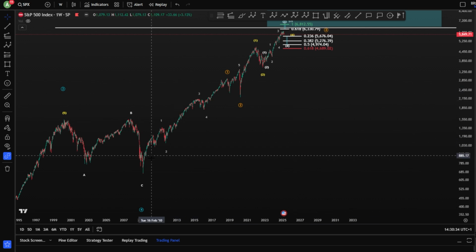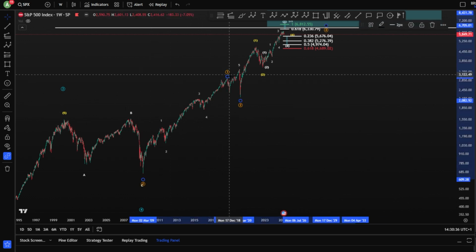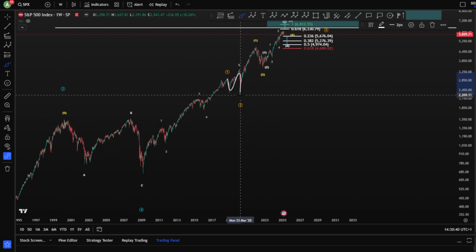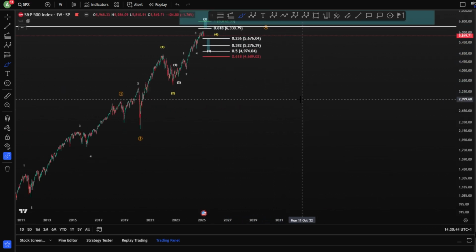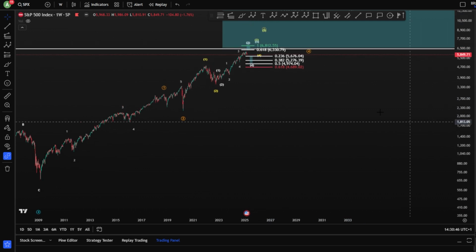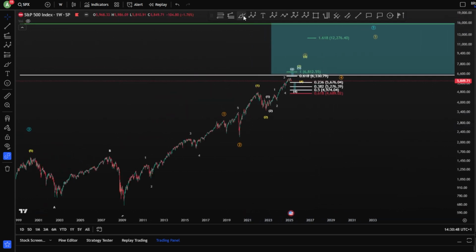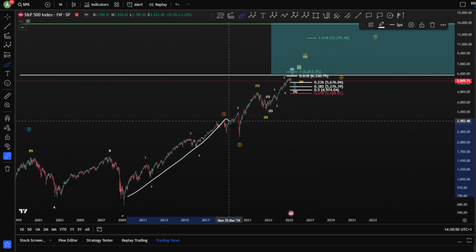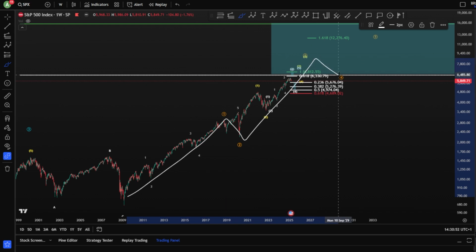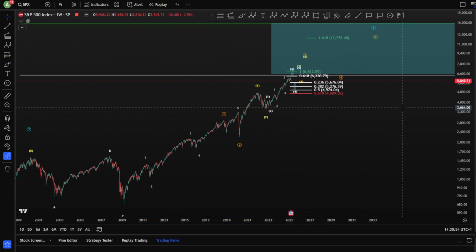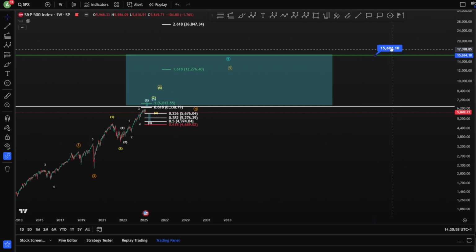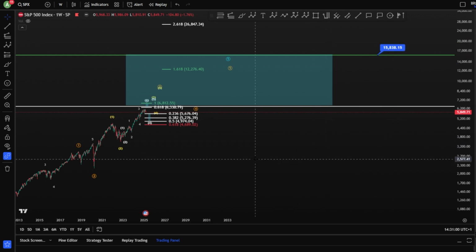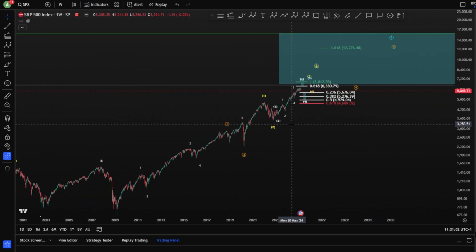So we saw already an impulse finishing a wave 1 and then a wave 2, of course, in an expanding flat, A, B, and a C, finishing a wave 2 and then a 1, 2 and then 3, 4 and 5 continuation for higher prices, meaning your SPX here for wave 5 is still looking for higher 3, 4 and a 5 and potentially hitting, of course, the 1-to-1 fib level here at the 15,800, right?